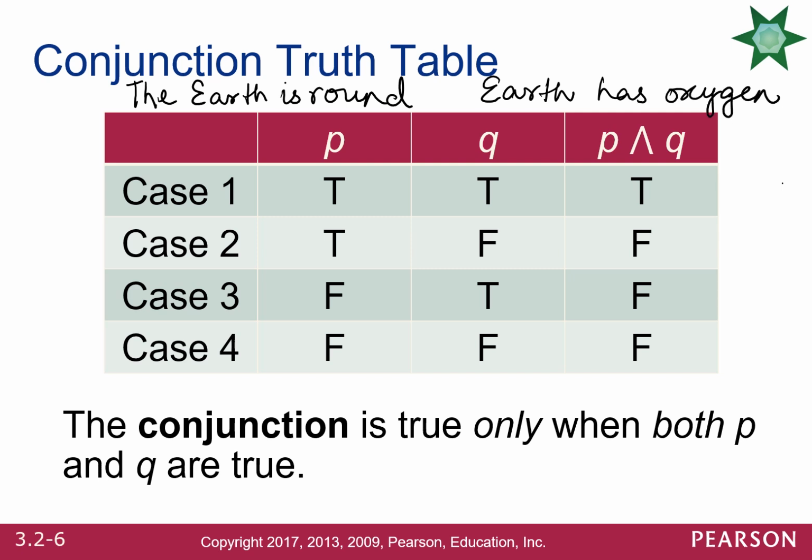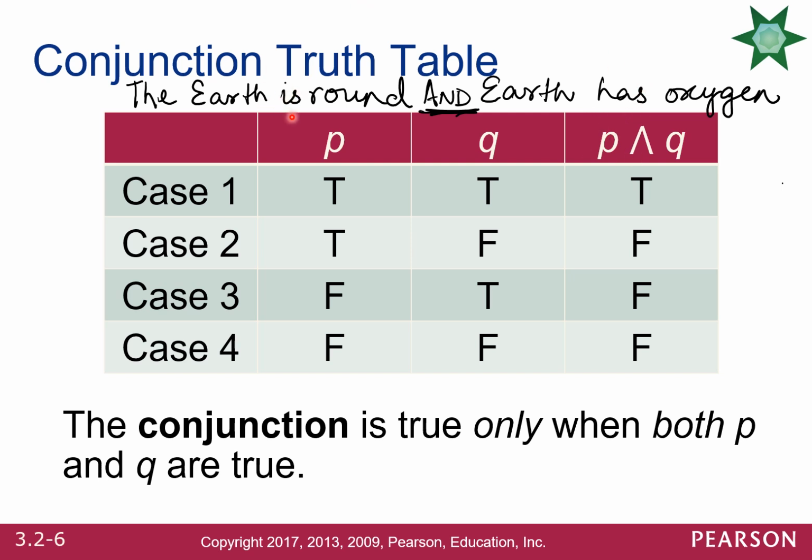And we will connect them with the AND condition. All right. So over here we see the earth is round is a true statement, correct? And the earth has oxygen is also a true statement.